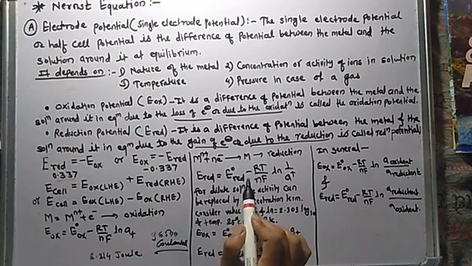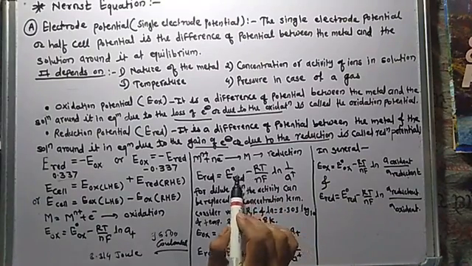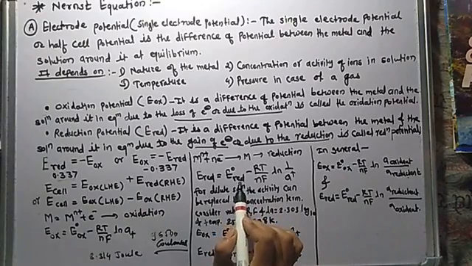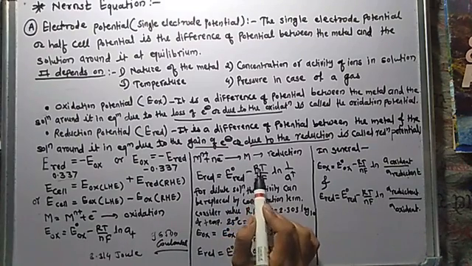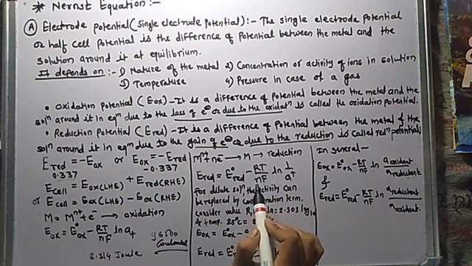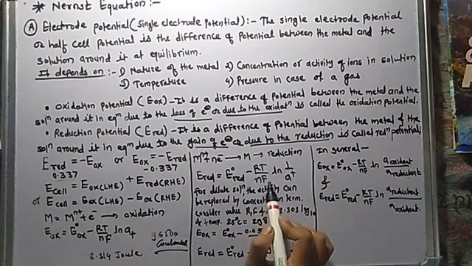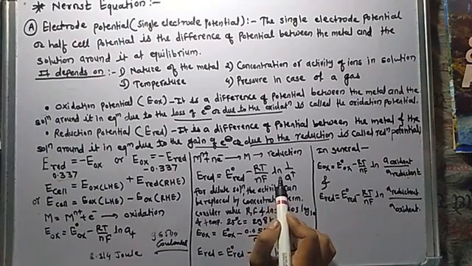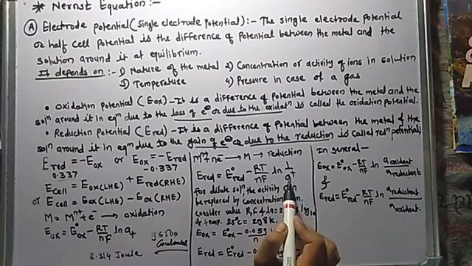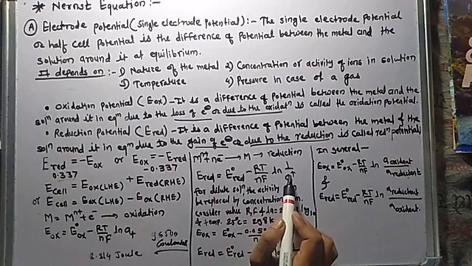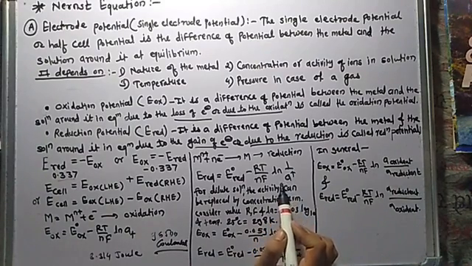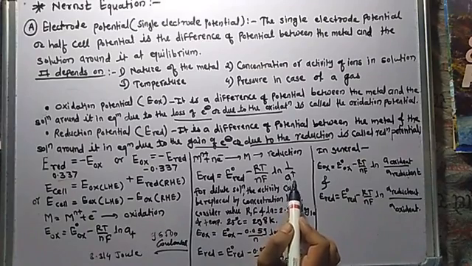Also in this equation, E standard reduction is the standard reduction potential. R is again the gas constant, T is the temperature, and n is the number of electrons involved in the reduction process. F is Faraday's constant. In ln 1 divided by a plus, a plus is the activity of cations in the solution.